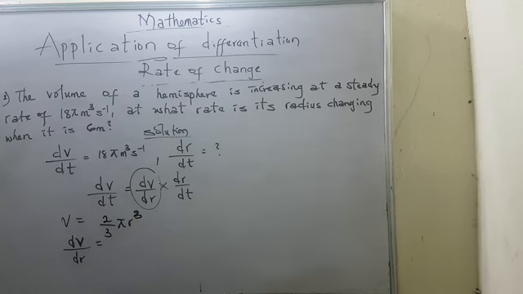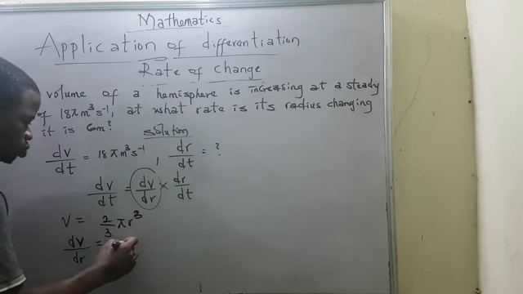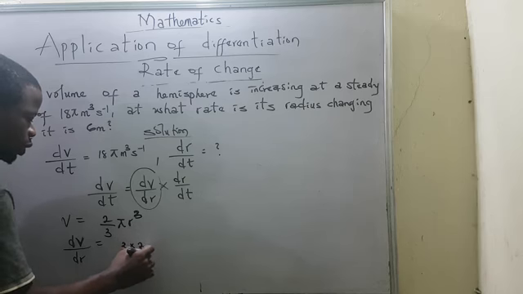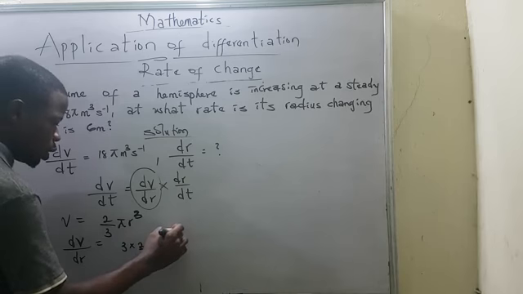So if you are making it 2 over 3 pi r raised to power 3, and you are now differentiating, what do you have? This multiplies this. That will give you 3 times 2 upon 3 times pi r reduced by 1.